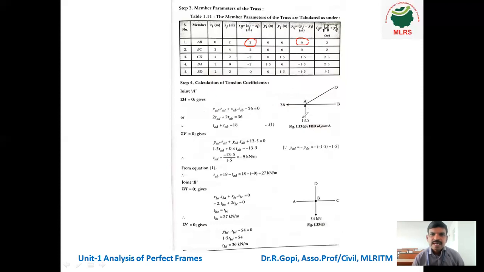Since the load is acting to the right side, these two members are always positive. Now we focus only on the horizontal direction.